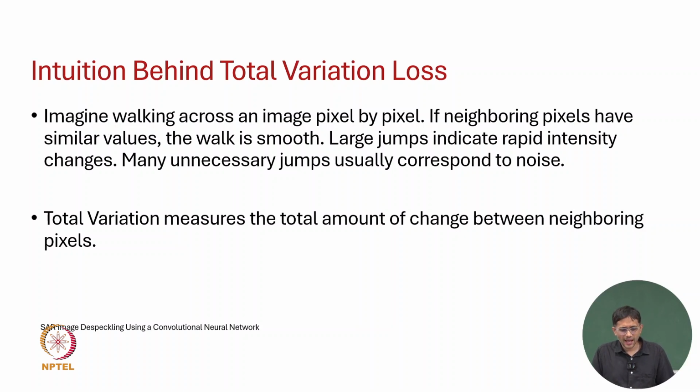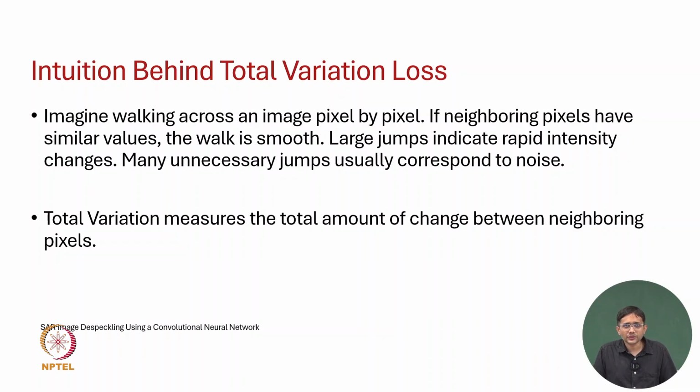It can, of course, happen sometimes, but if it happens very frequently, that is something not expected, right? So many unnecessary jumps usually correspond to noise. So total variation measures the total amount of change between these neighboring pixels, and accordingly it formulates the loss. I'm not going into the exact equations, but this is the intuition behind the total variation loss.